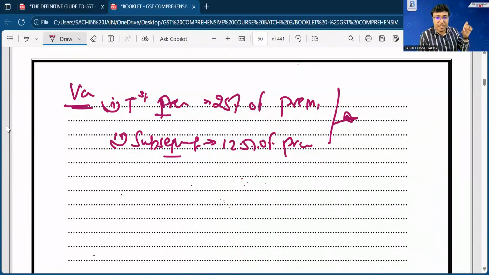So suppose my first insurance policy premium is 50,000 rupees. So 25% of that 50,000 rupees, that is 12,500, will be treated as my value of supply. Okay. And for subsequent installments, 12.5%, that is 6,250 rupees, will be my value of supply.